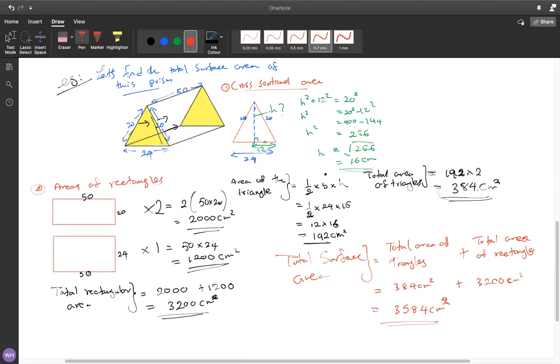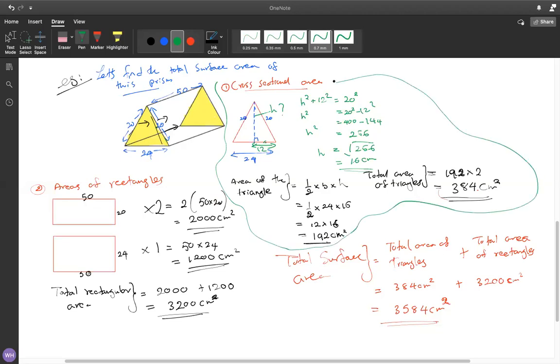So you have two triangles. I have found the areas of the triangles, right? So starting from the triangles, you may write and then come to the rectangles and then go to the total area, right? So you can find the areas of the triangles first.